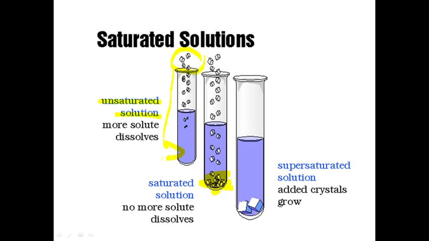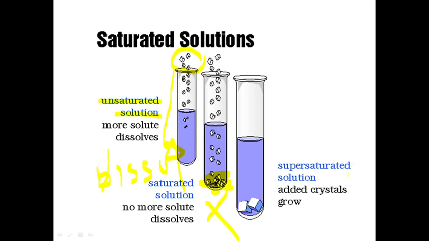Here it is completely dissolved, but in this case it is not completely dissolved. So the unsaturated one has more capacity to dissolve solute, and the saturated one has no more capacity to dissolve solute.